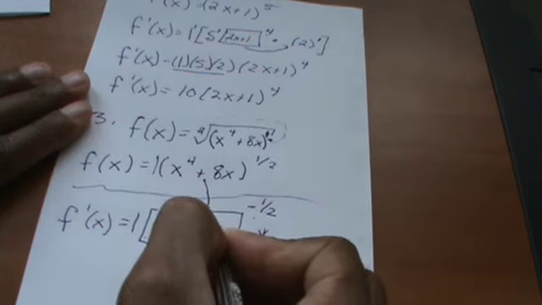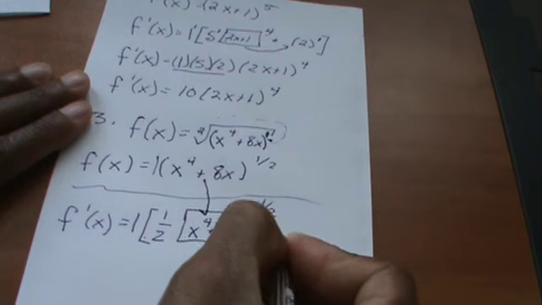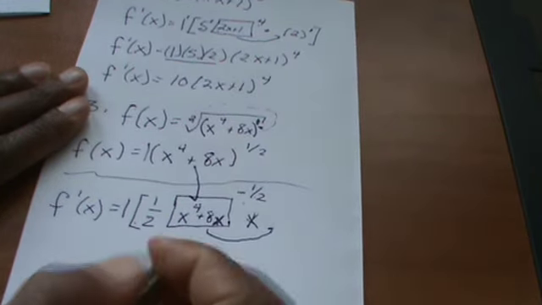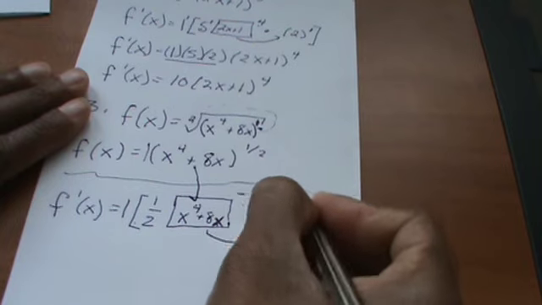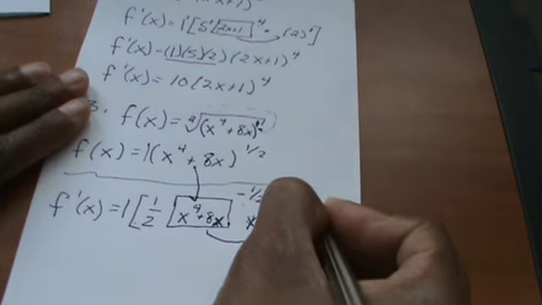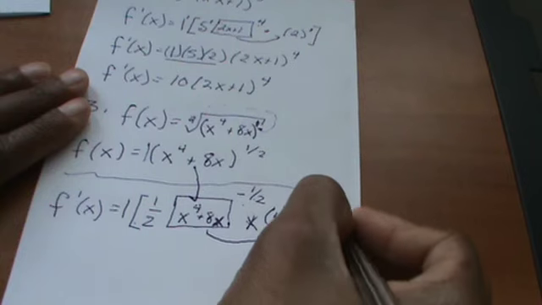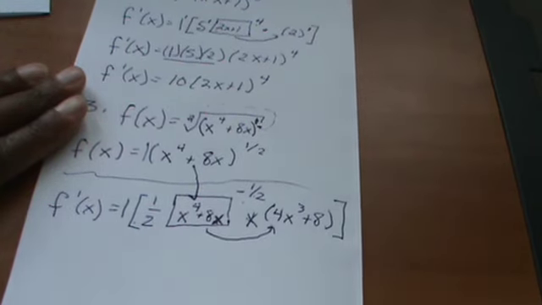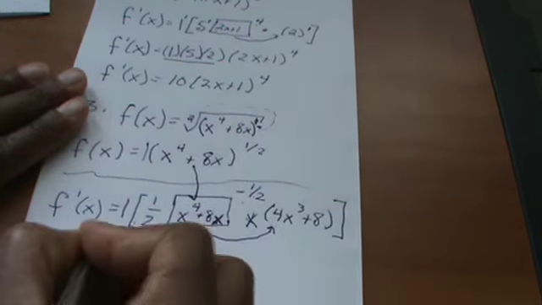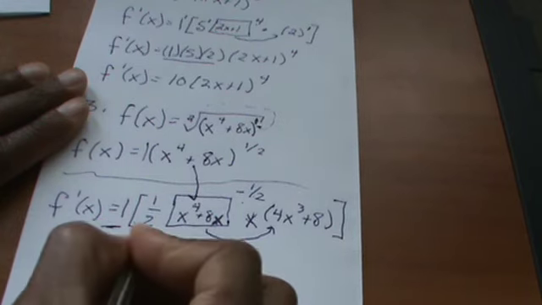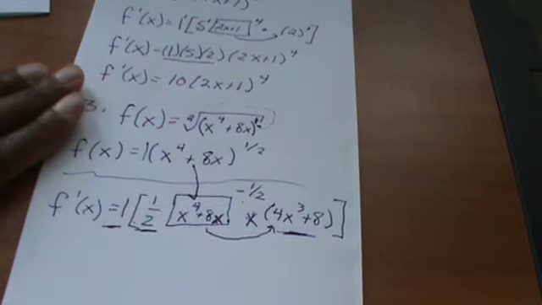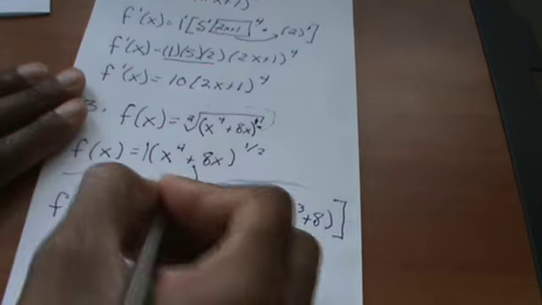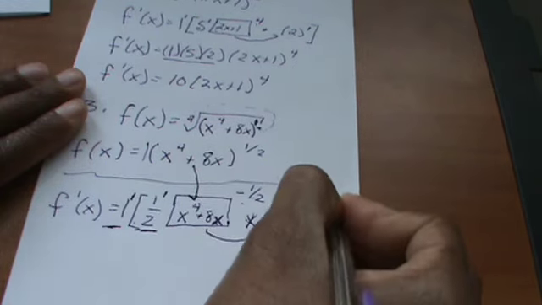Times, now the derivative of the brick has to come into place. So the brick has to disintegrate. And by the power rule, this is 4x to the 3rd power plus 8. Just like that. All right, so what can we combine? This 1, that's to the 1st power. The 1/2, that's to the 1st power. And then also you can combine the 4x cubed plus 8, that's to the 1st power. 1st power, 1st power, 1st power.